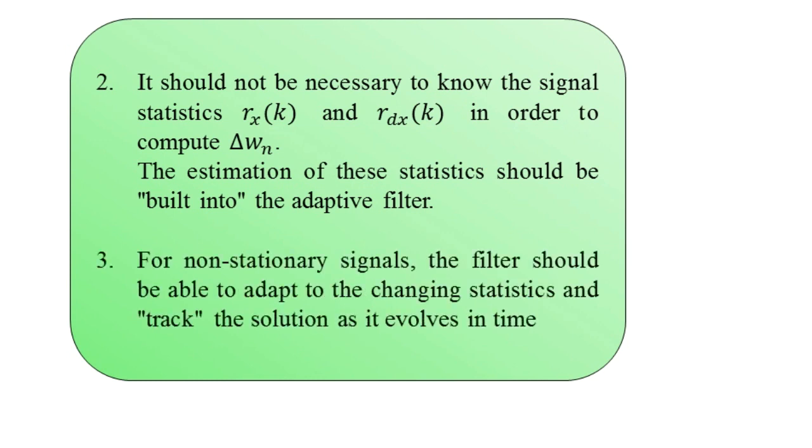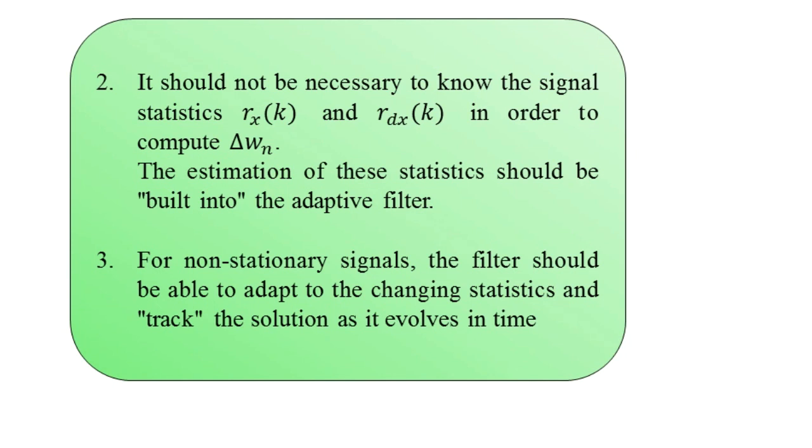Now, as we just covered one block schematic to represent the adaptive filter, consisting of a shift varying filter and the adaptive algorithm, the steps we have described in points 1, 2 and 3 here.